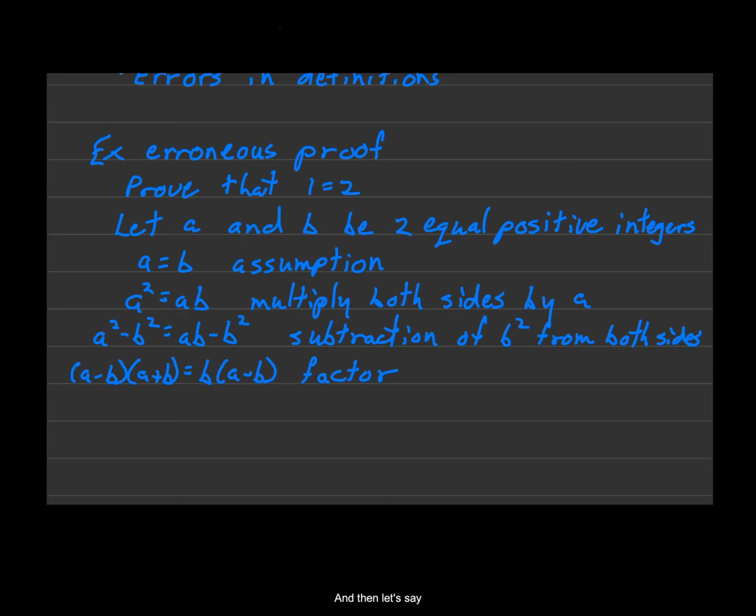And then let's decide that we want to divide both sides by A minus B. So I'll have (A minus B)(A plus B) divided by (A minus B) is equal to B(A minus B) over (A minus B).